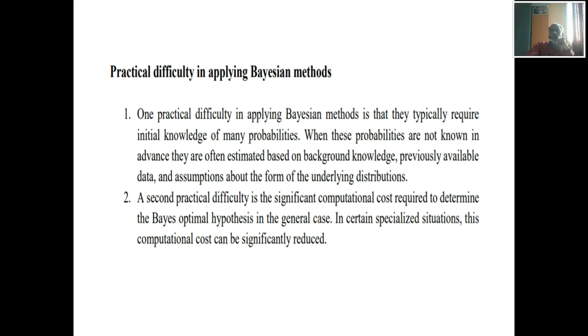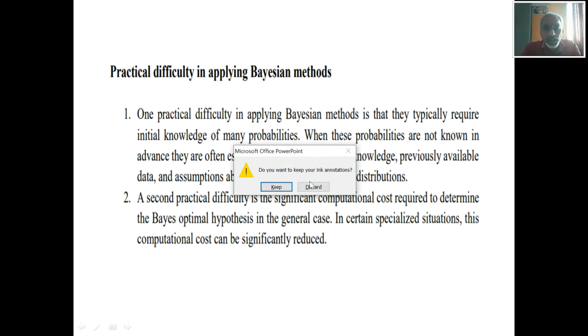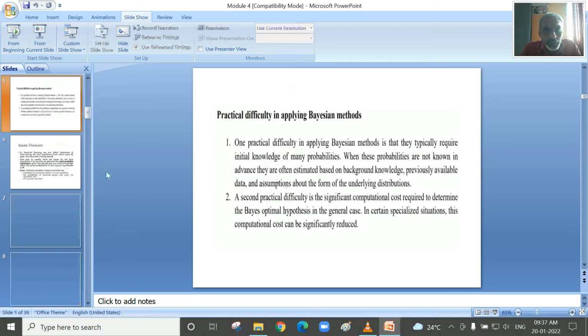So next, what are the practical difficulties? Those were some of the features of applying the Bayesian methods in our learning program. Now, the practical difficulties we are going to get when applying the Bayesian method.